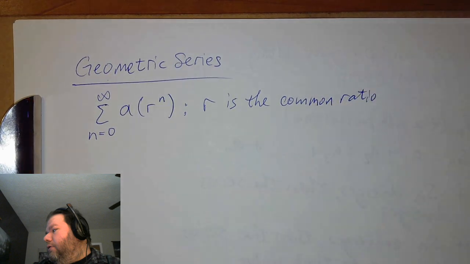This is what we saw in the sequences as well. It's whatever number is multiplied to go from one term to the next.